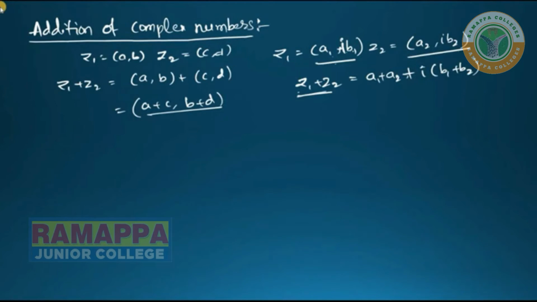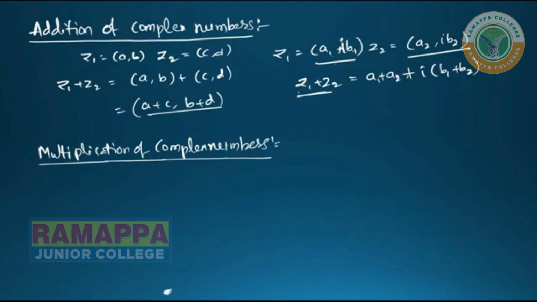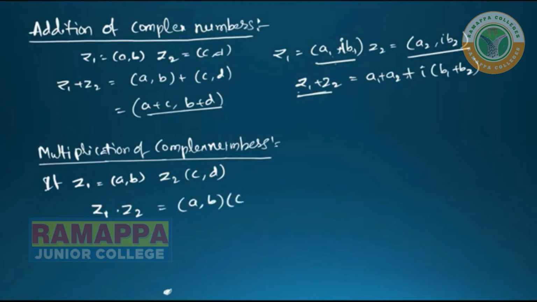Now move to the multiplication of complex numbers. If z1 is equal to a comma b and z2 is equal to c comma d, then we define their product z1 into z2 as a comma b into c comma d.